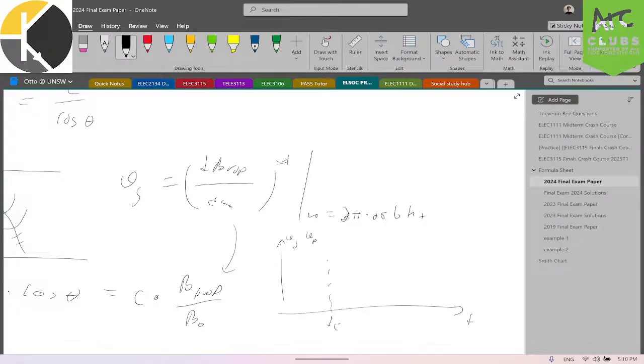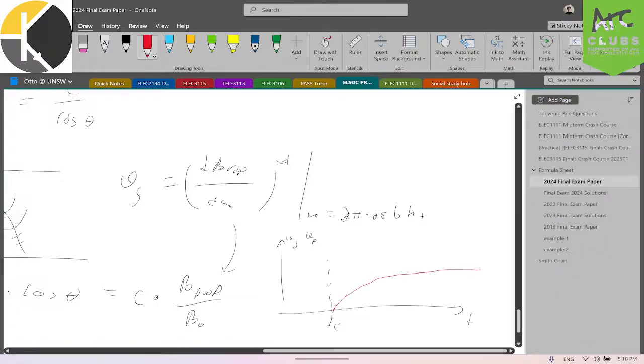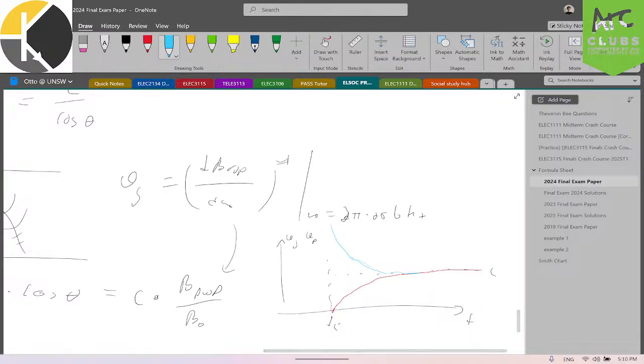At frequency equal to Fc, group velocity is just going to be 0, and then it's going to slowly increase up to c. This asymptote here is going to be the speed of light in vacuum. This is c. While the phase velocity is going to start out infinite and then go down to c as well. Understand? Any questions?